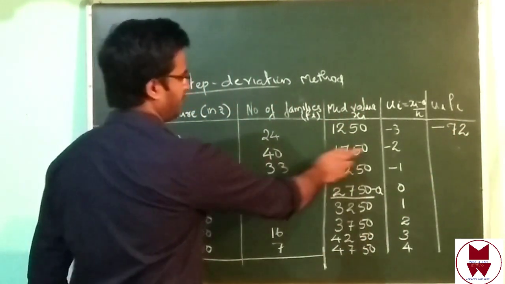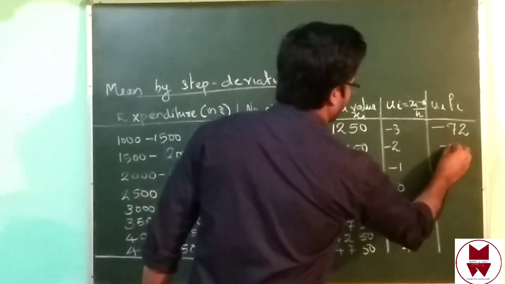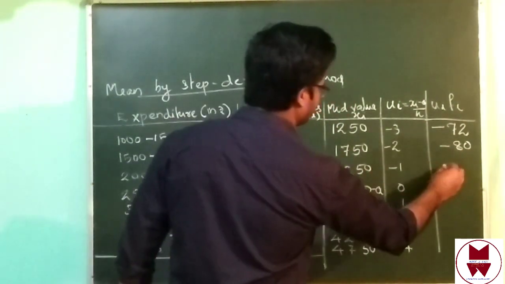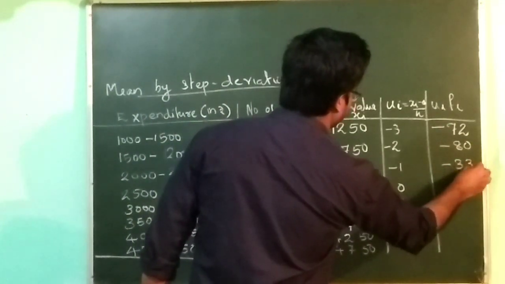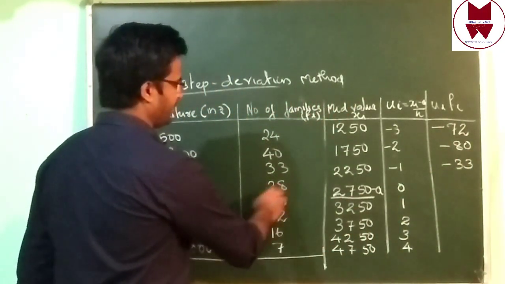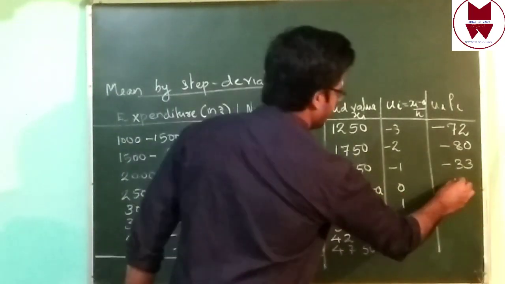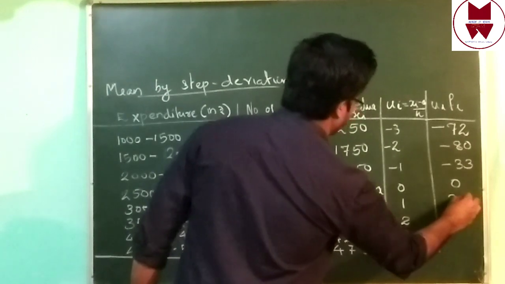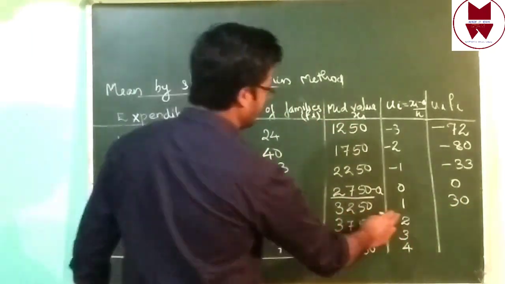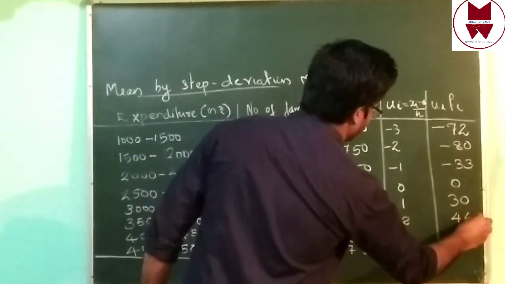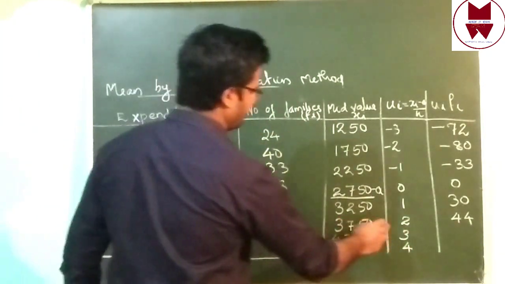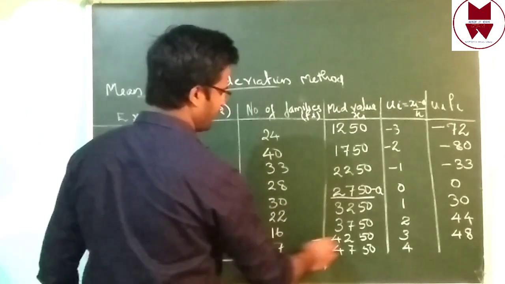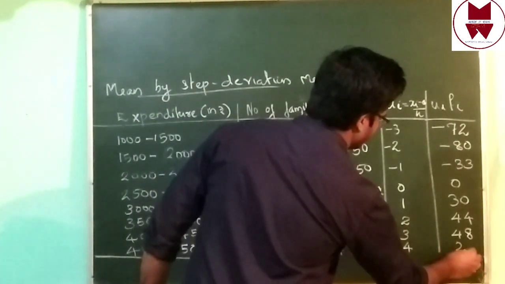Then 40 into minus 2, minus 80. 33 into minus 1, minus 33. Then 28 into 0 is 0. 30 into 1, 30. Then 22 into 2, 44. 16 into 3, 48. Then 7 into 4, 28.